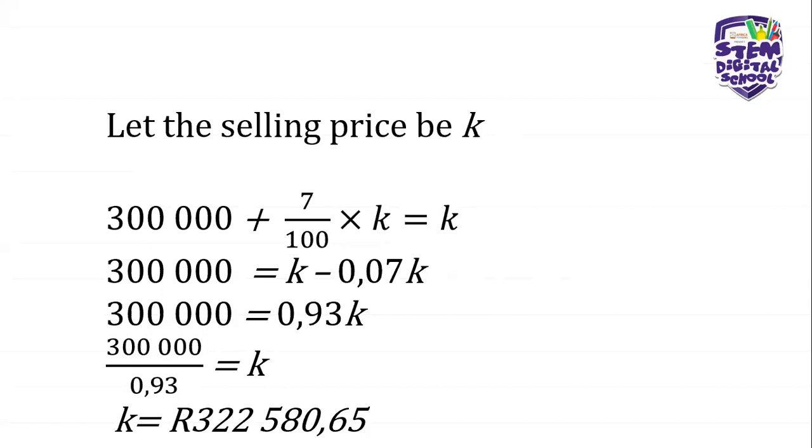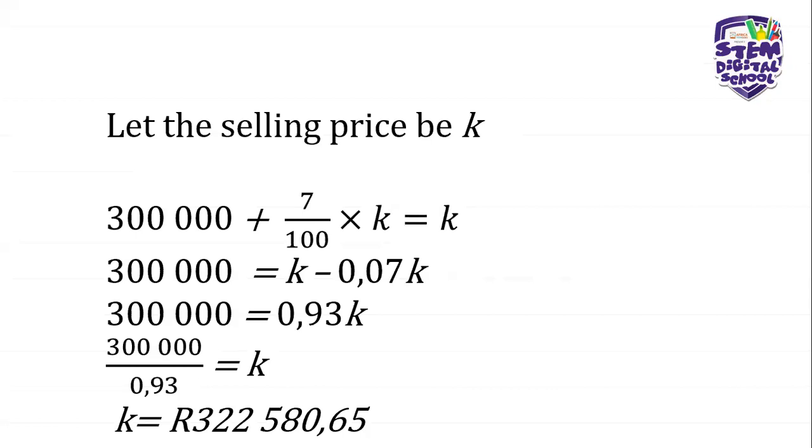And now we need to make K the subject of the formula by dividing both sides by 0.93. Remember, as always, that whatever you do on the left-hand side of the equation should also be done on the right-hand side. In the same note, whatever you do on the right-hand side of the equation must also be done on the left-hand side. And the main reason for this is that you need to keep your equation balanced at all times.